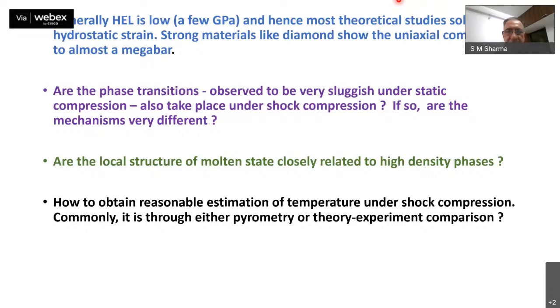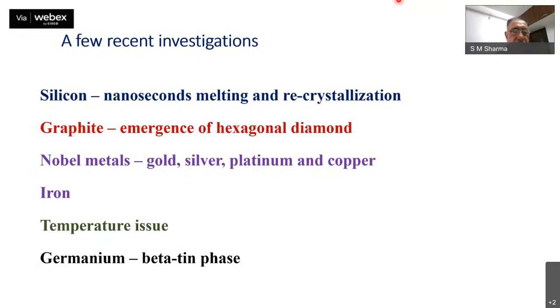Commonly, temperature is estimated through pyrometry or through comparison with Curie experiments. We will again briefly see how there have been efforts in recent years to measure the temperature in shock compressed materials. So today, what I'm going to discuss quickly is a few recent investigations.